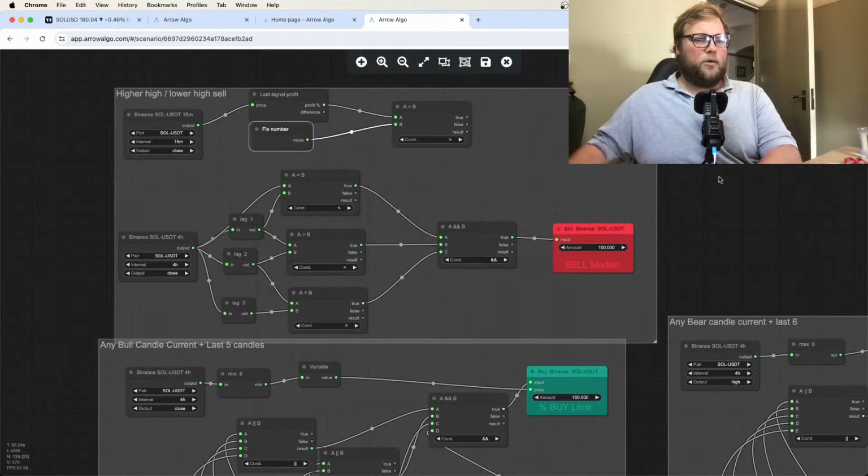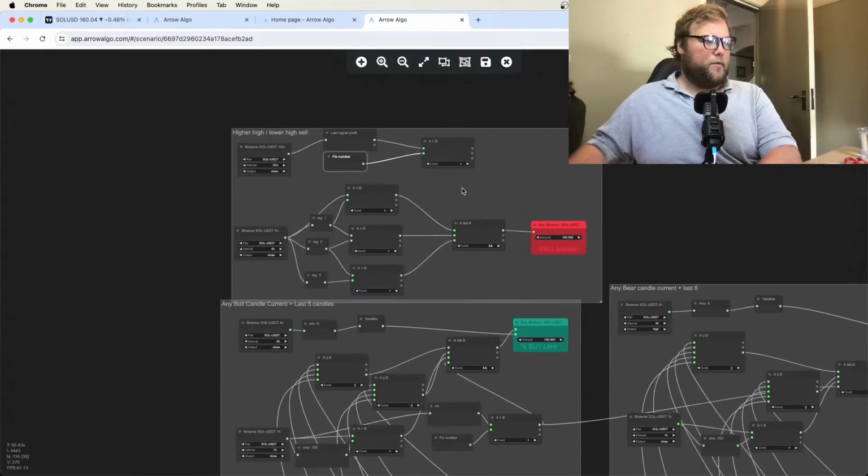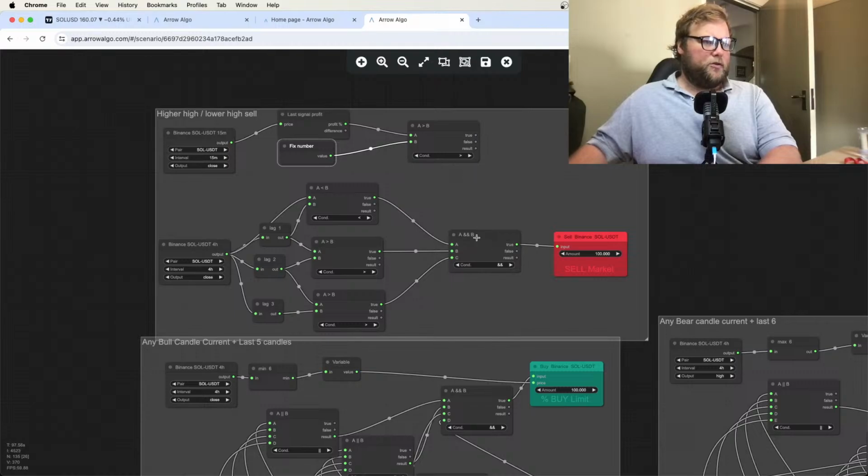Now we've taken away the stop loss in this version. I've actually used tweaking a previous version, so we'll add the stop loss back in as well.